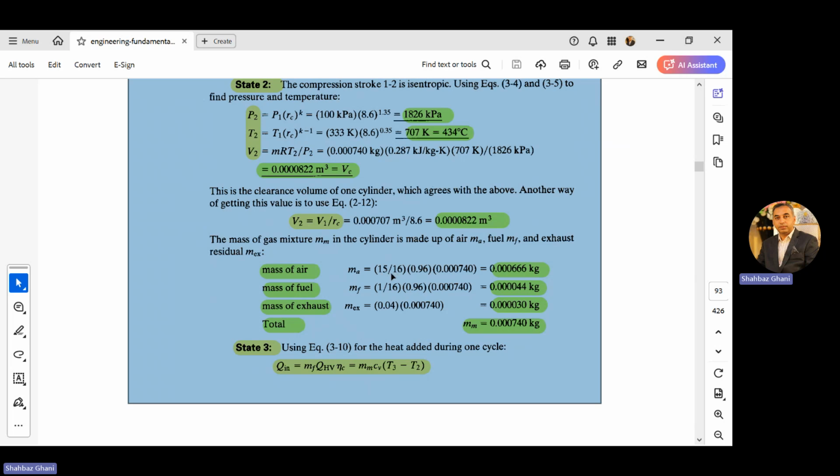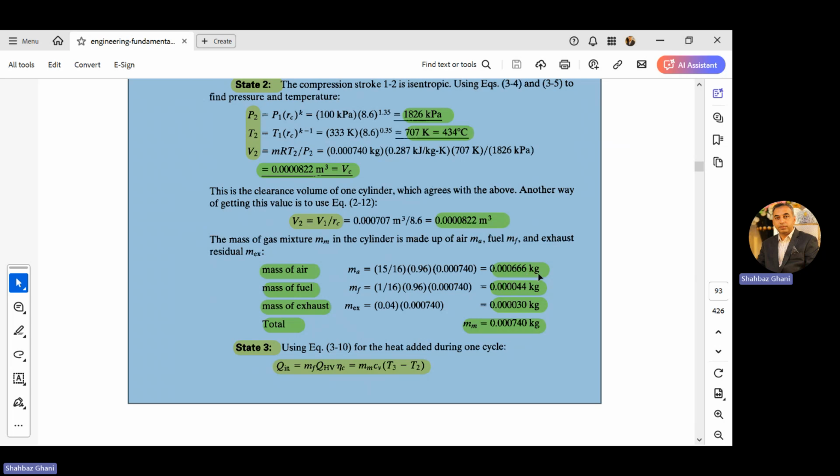So 15 by 16 is that ratio, times 0.96 because we have 4% exhaust residue. So 0.96 is remaining from the mass of the mixture.